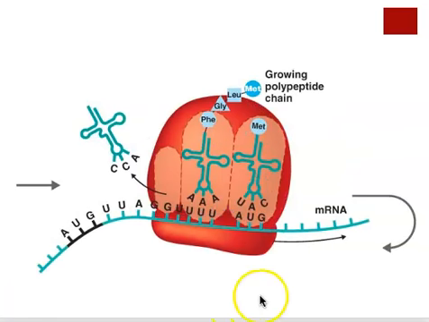So now we can see our growing polypeptide, our growing chain of amino acids, has methionine, then leucine, then glycine, then phenylalanine. What's coming into the A site now has a methionine on it because we've hit another AUG. Remember, AUG is the start codon, but it's also a code for an amino acid. It's for a methionine.